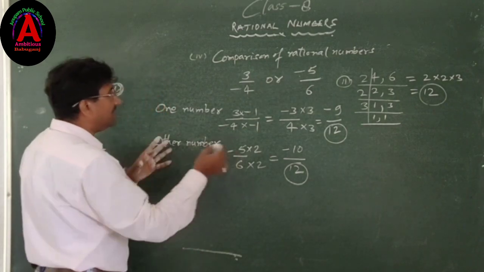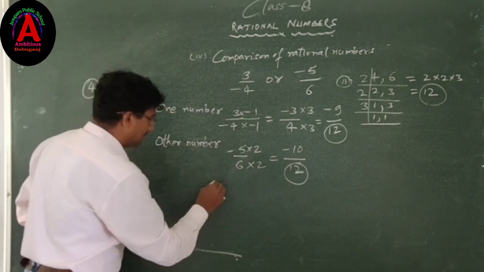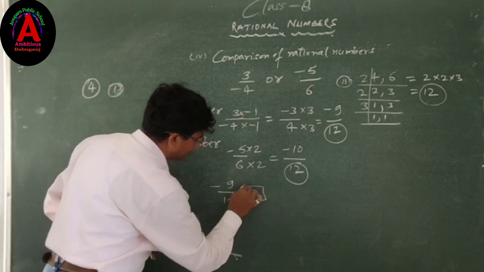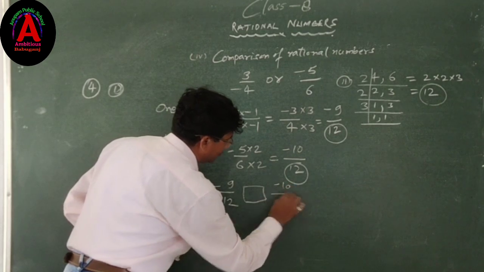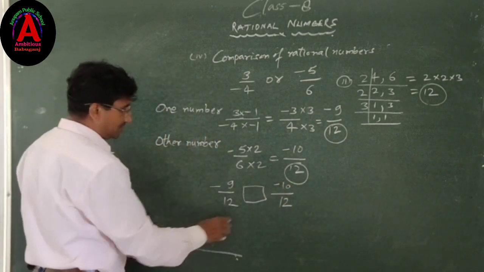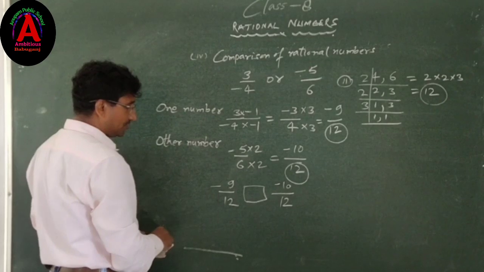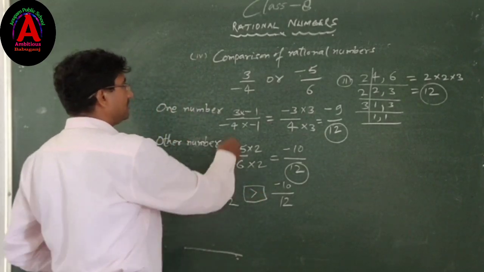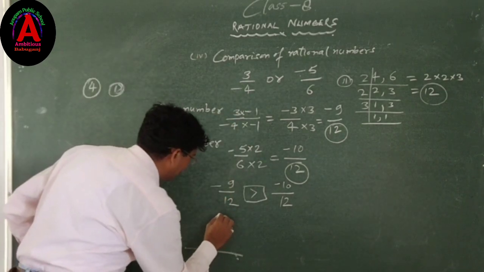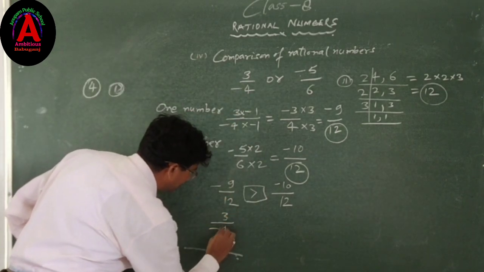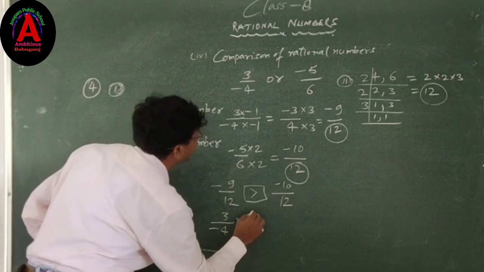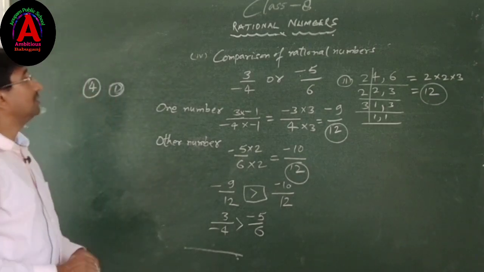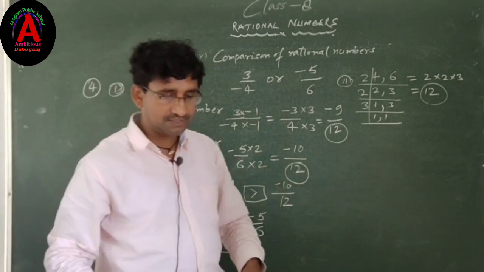When we compare minus 9 upon 12 and minus 10 upon 12, because denominators are same, this number is greater. So we can say 3 by minus 4 is greater than minus 5 by 6. So this is our rational number.